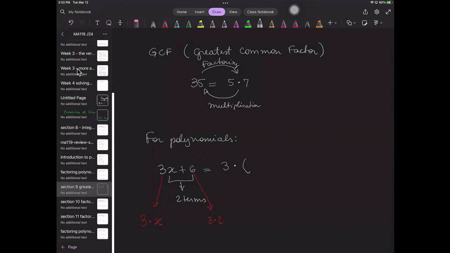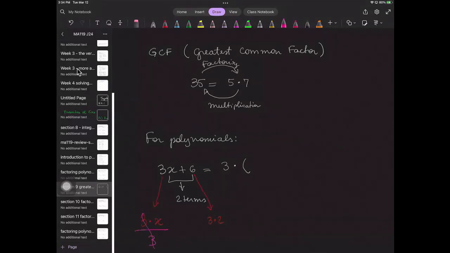Now, the way I figure out the other factor is, look at the first term. If you know that 3 is your greatest common factor, you take the first term and divide it by 3.